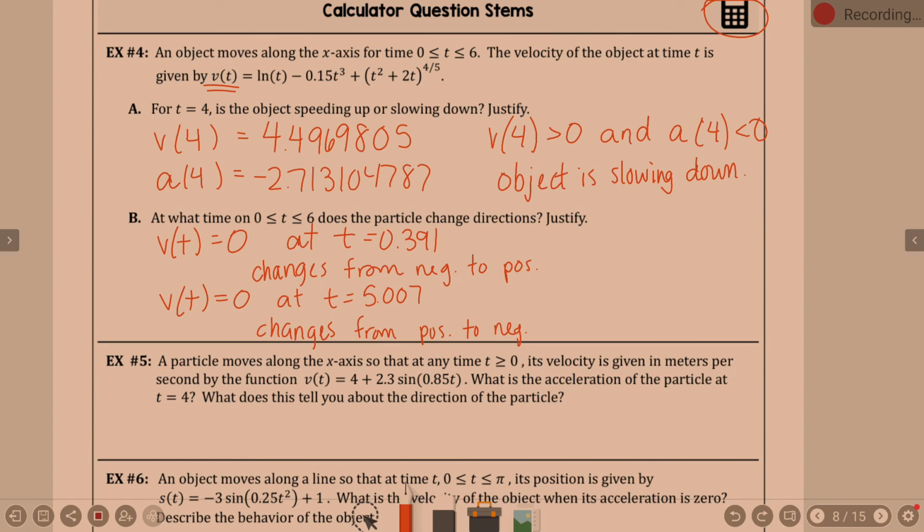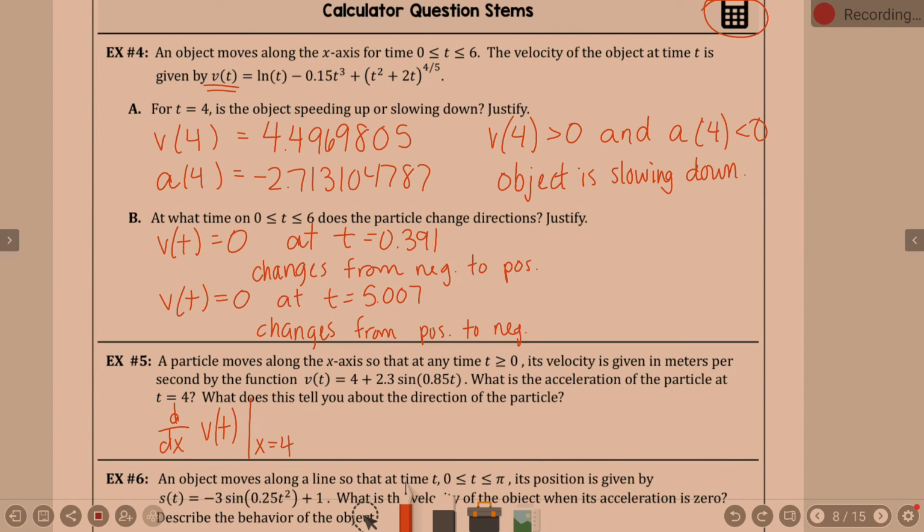So what I'm going to end up doing here is d dx of v of t evaluated at x equals 4. That really should say v of x, I guess, but you get the idea.